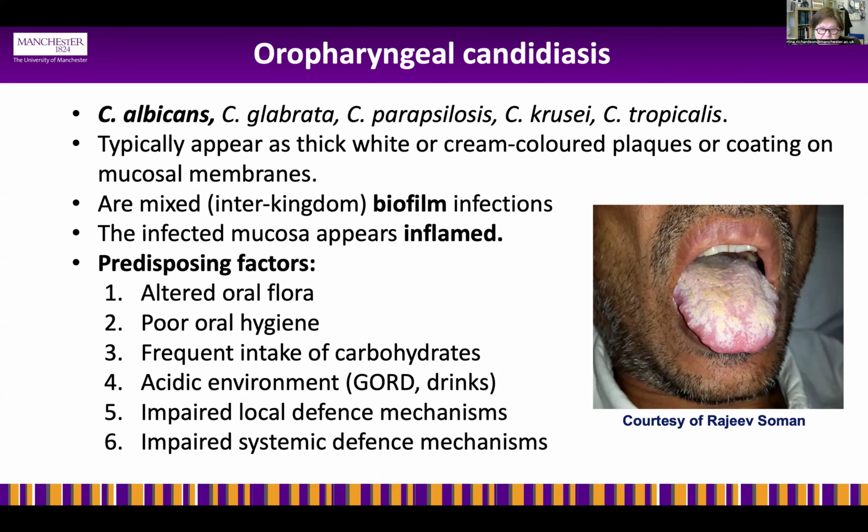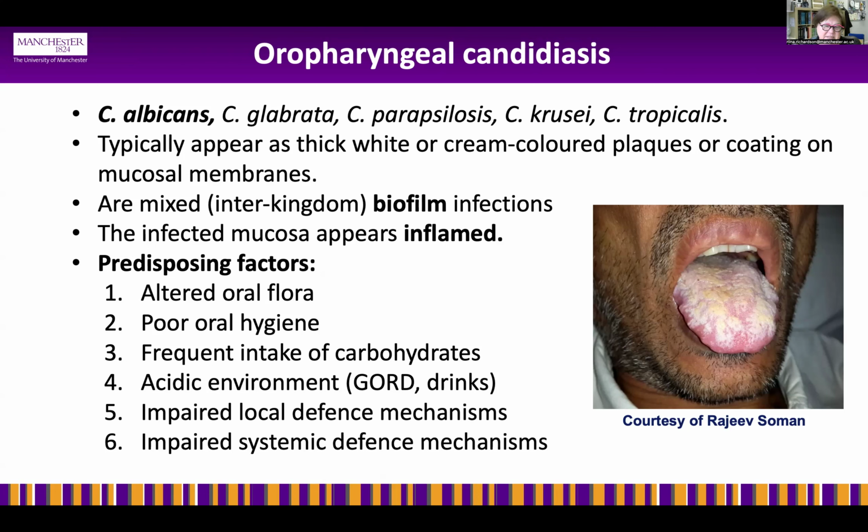Of course, feeding your Candida in the mouth by drinking or eating something with carbohydrates frequently is an obvious risk factor. But what often is forgotten is that Candida thrives in acidic environments. We know that from vulvovaginal candidiasis, which happens at a pH of 4.3 or so, a very acidic environment. Candida is happy there.